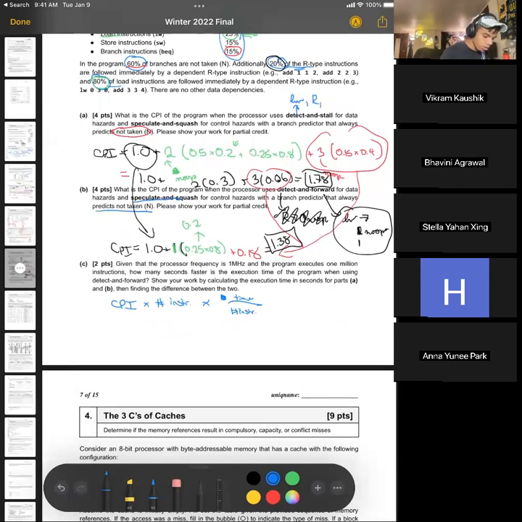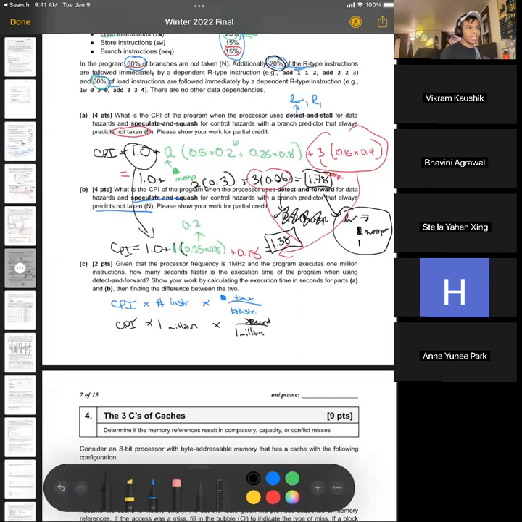And so when we're dealing with 1 megahertz, that tells us that we are executing 1 million instructions per second. And we're always going to be executing 1 million instructions, right? And we're multiplying that by CPI, right?